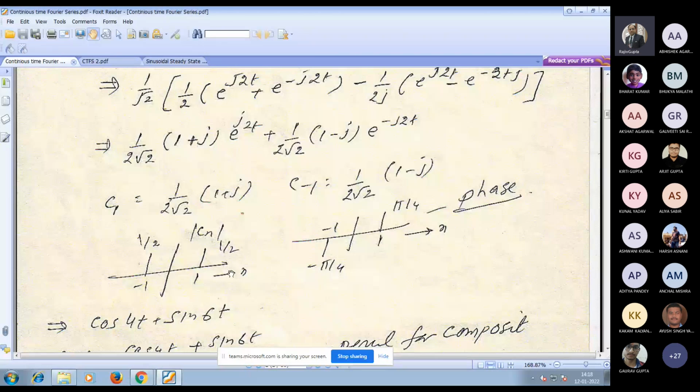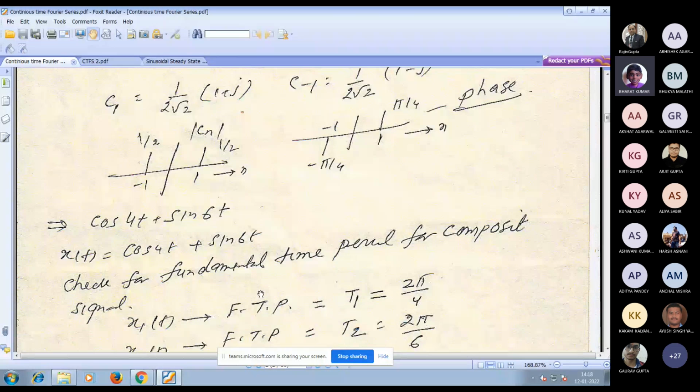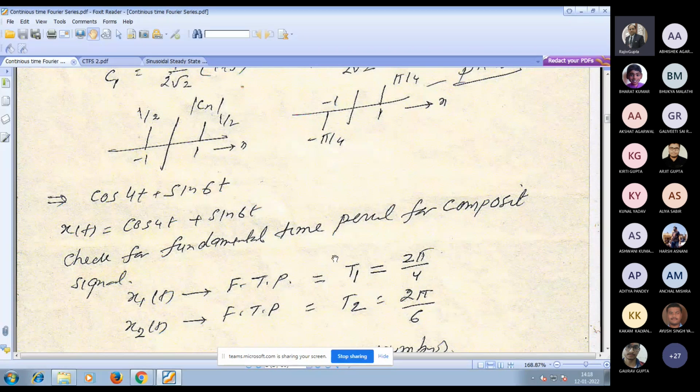The time period of the first signal is 2 pi by 4, and the time period of the second signal is 2 pi by 6.